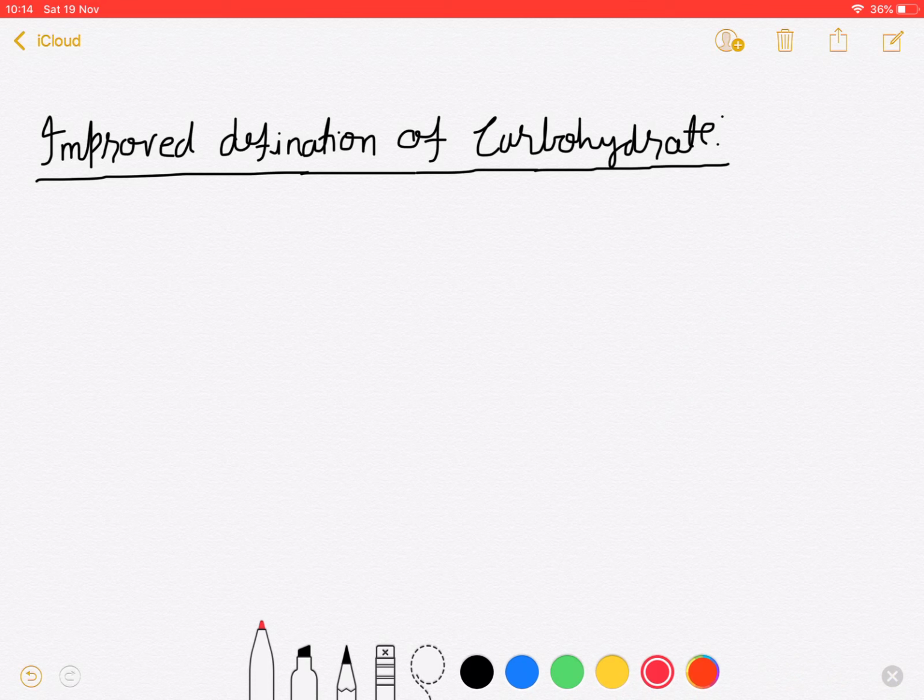Okay, so first of all, what happens is that, for example, this is the open chain structure of glucose. Here I'm going to take the example of glucose.